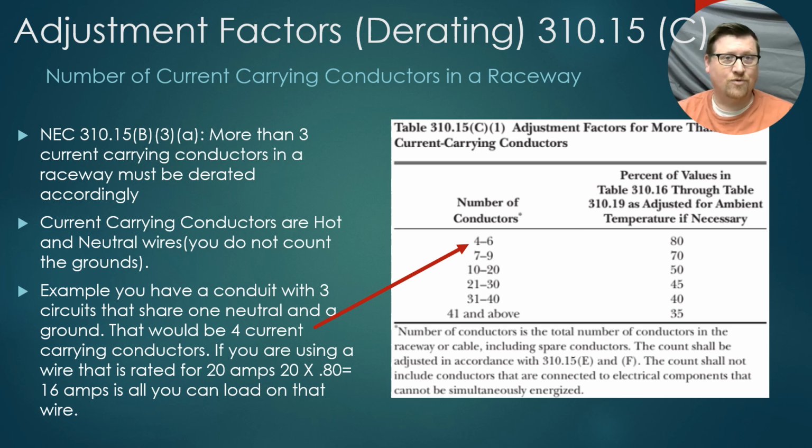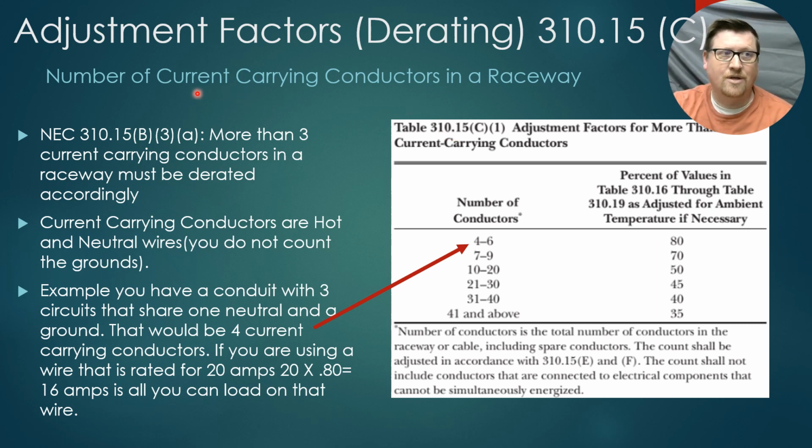And as I start to derate these things, I can derate in the column of the type of insulation it is. As we use these adjustment factors and bring down the amount of amperage we're allowed on that wire, as long as at the end it still has enough amperage for the wire we're choosing, then we're still good.